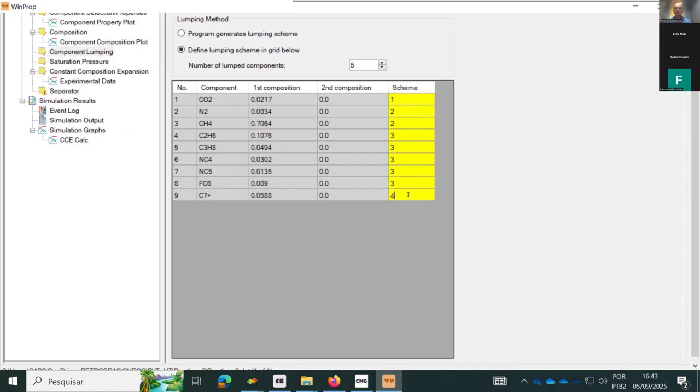And C7 plus, let's keep as a separate lump. Okay. Let's try to work with 4 components just to see if we can match the lab data with 4 components.